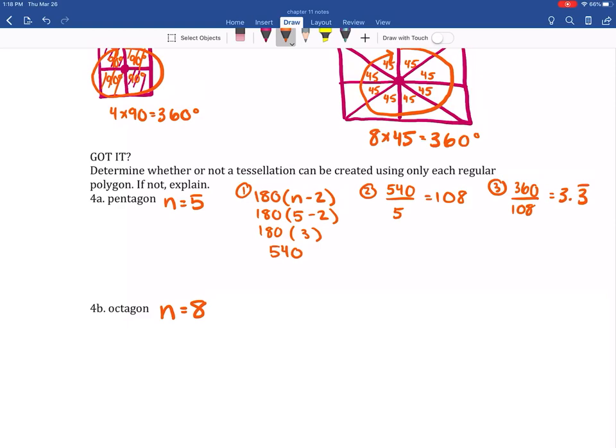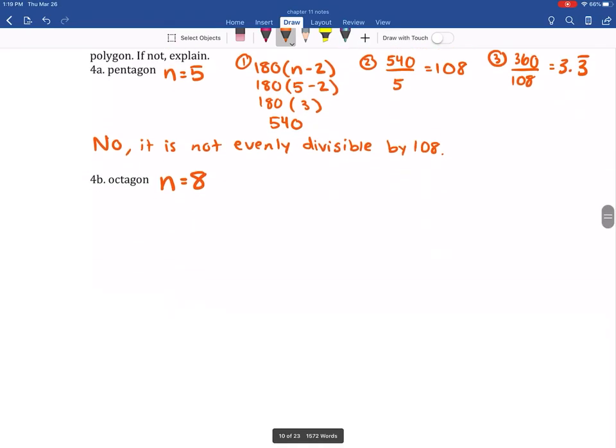So the question is, determine whether it can be a tessellation. The answer would be no. It is not evenly divisible by 108.